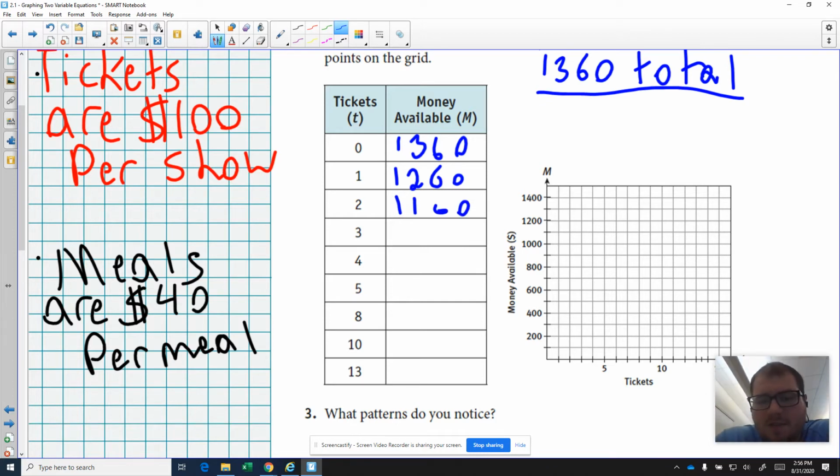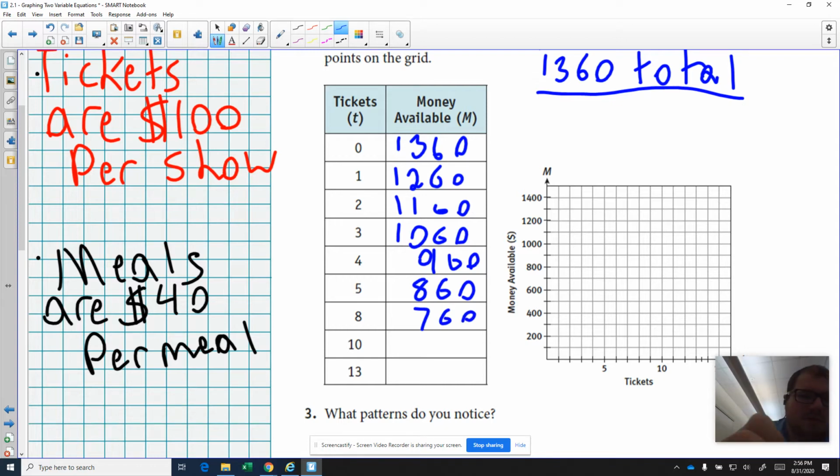I lose another $100, I'm at $1,160. Another $100 is $1,060. And then I just keep this process up until I'm down to that 5th mark, okay?